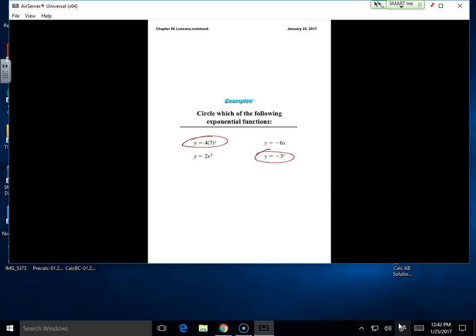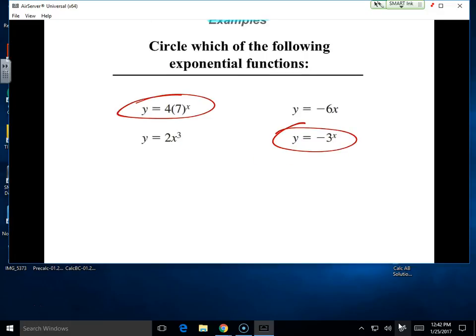But let's go check those examples and make sure that we're tracking because it took us quite a while. Let's go back. Do you guys see the x in the exponent? Yes. Do you see the x in the exponent? Yes. Now, hold on. Technically, what's going on in this one? Isn't this -6 times x, base one? That's a line. That's a linear function. The x isn't in the exponent. The x is down below. Okay. How about this one?